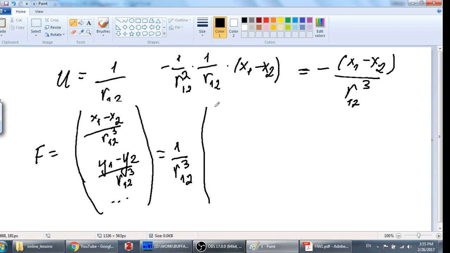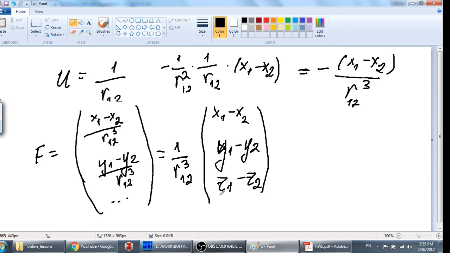In a vector, you will have just these components: y1 minus y2, and then also z1 minus z2, which you can identify with just the vector r12.